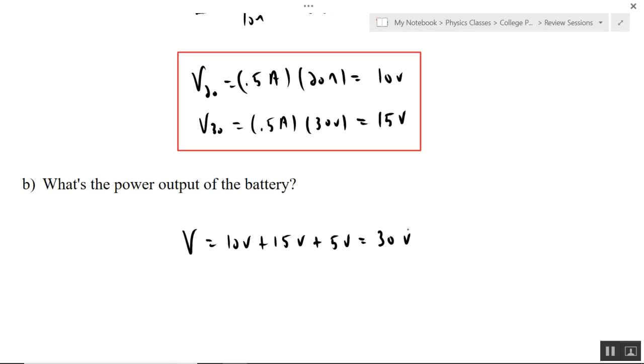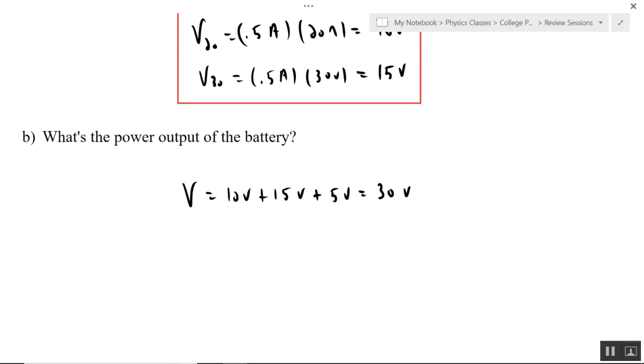We already know it's half an amp. So the power of the battery is half an amp times 30 volts, which is 15 watts.